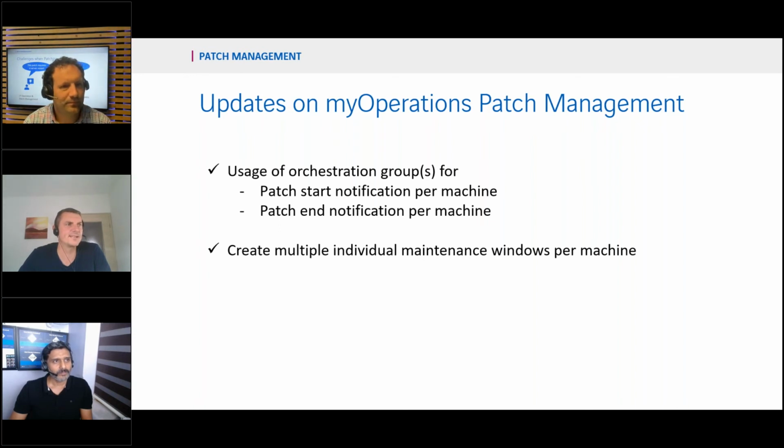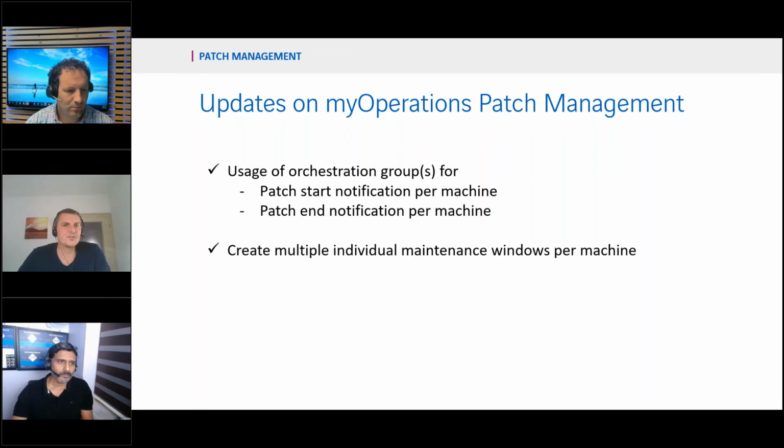We can send mails out when the patch process starts, and also at the end of the patch process we get information. Is the patch applied? What is the status of the machine? That gives even more transparency for the system and application owner. So that would be the next great feature we want to implement with the orchestration groups.